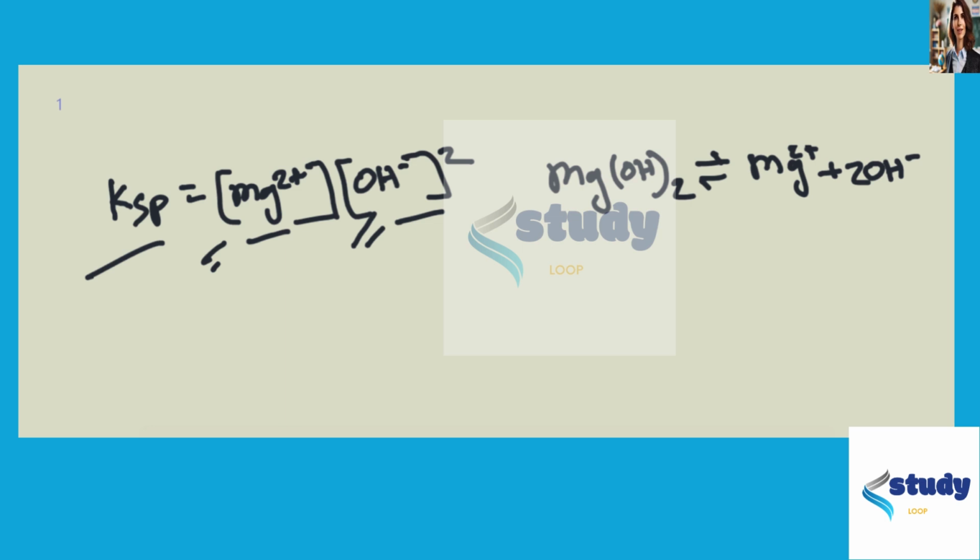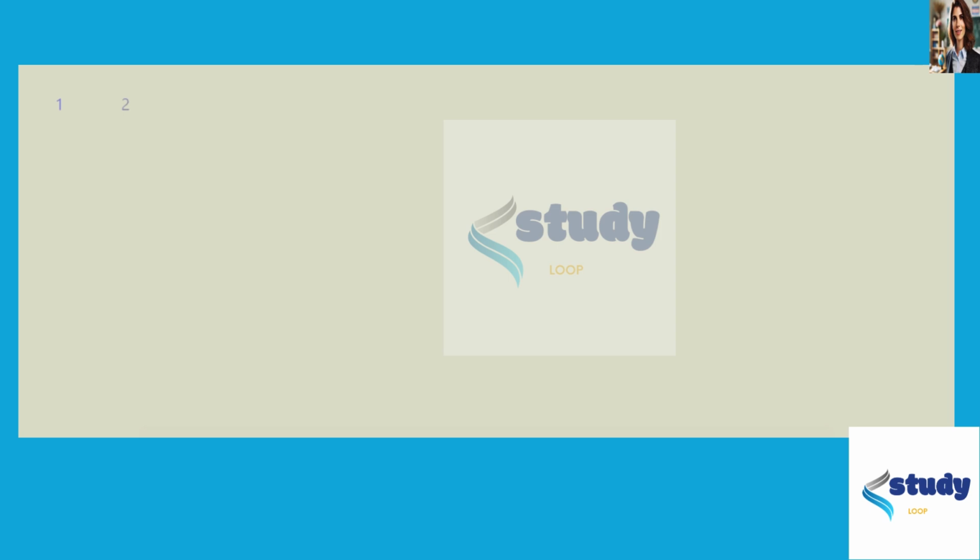Let's first find the concentration of the magnesium ion, and for that we have to know how much ammonium ion was dissociating on addition of the magnesium hydroxide.